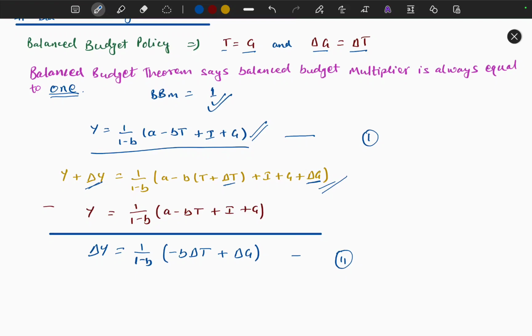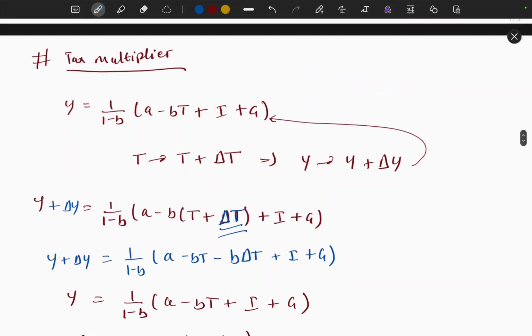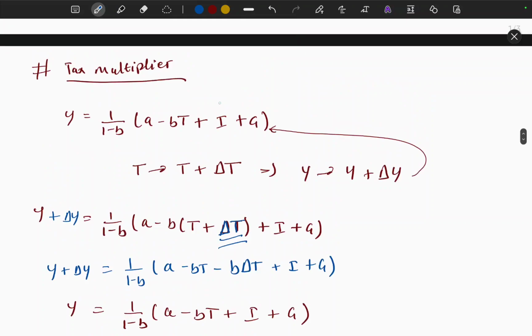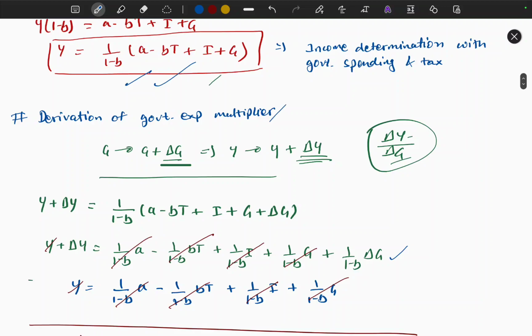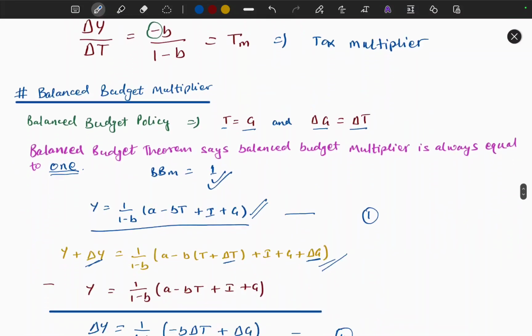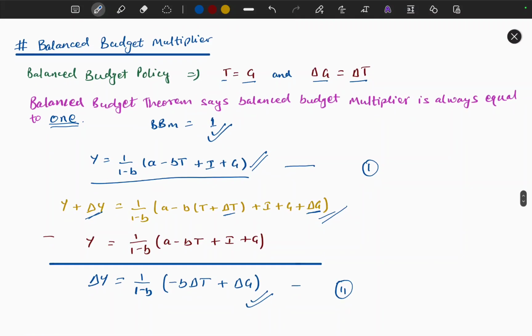After introducing the changes, I have subtracted the original equation from the new equation, and we are left with just the changes that we are concerned about. We followed a very similar process in finding the tax multiplier and the government expenditure multiplier, so this is nothing out of the ordinary.